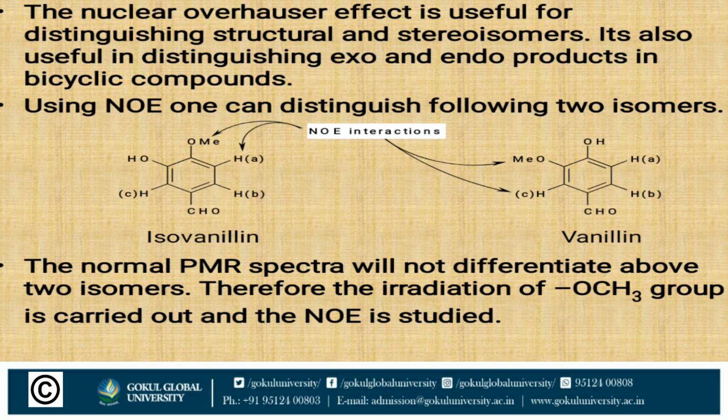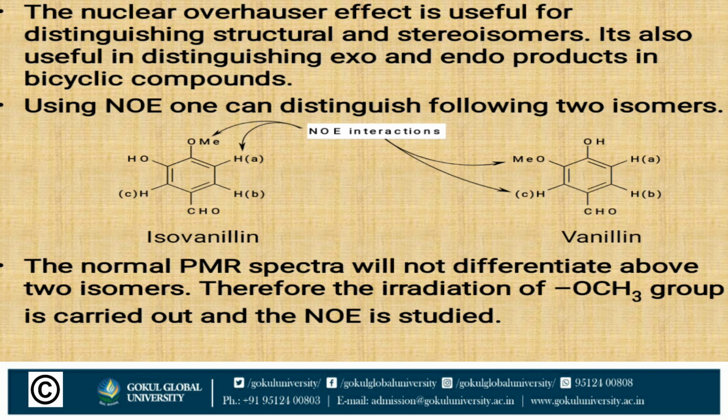In vanillin, the neighboring proton is Hc, and in isovanillin, the neighboring proton is Ha. The methyl group has three hydrogen protons, and Ha has one and Hc also has one.